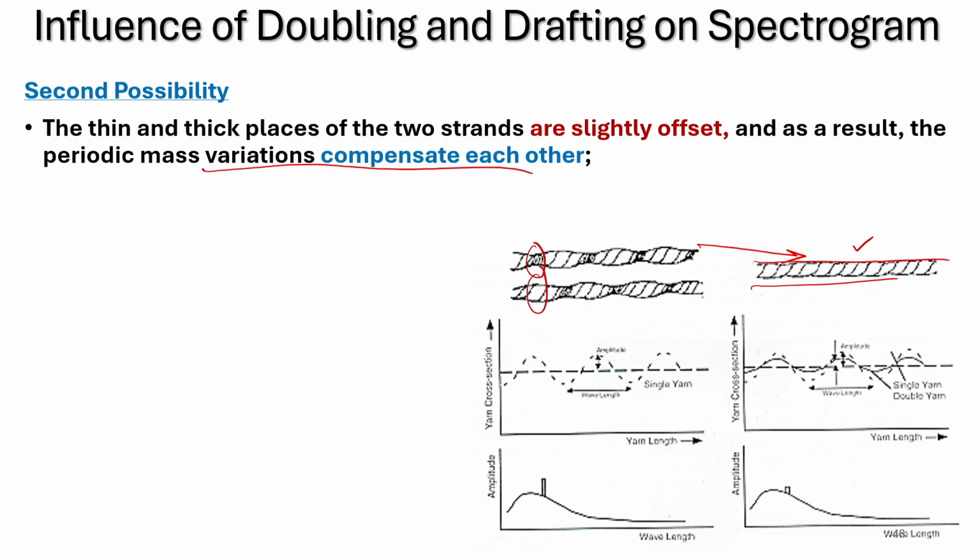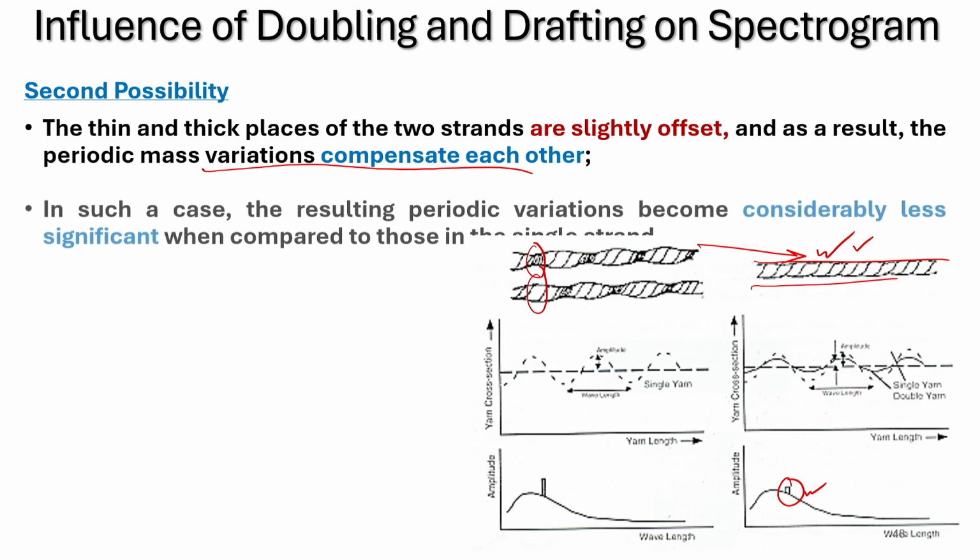Now, here ideally there should not be any periodic fault, but if at all it is there, the number of periodic faults, that is repeats, will be less. Almost insignificant. So, the periodicity has been eliminated.